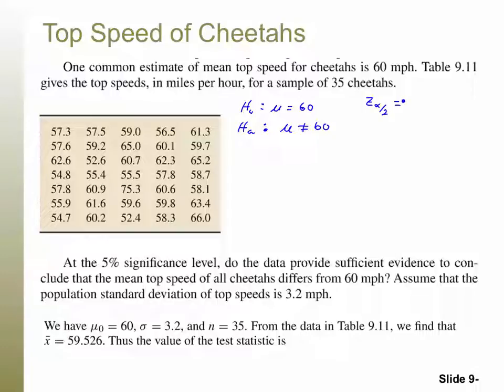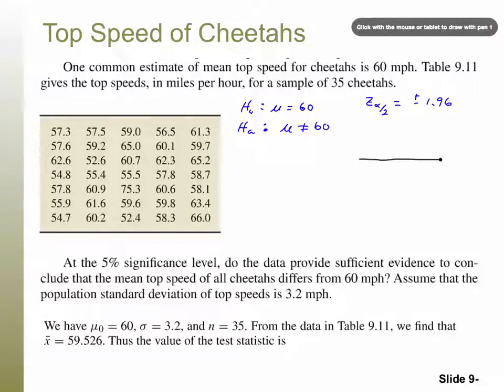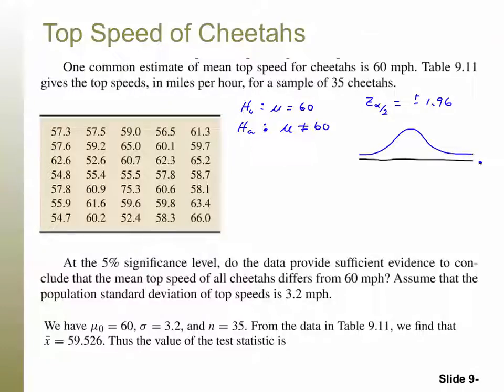What is our Z for this? We got that one is 1.96. Yeah, negative 1.96. Thanks.